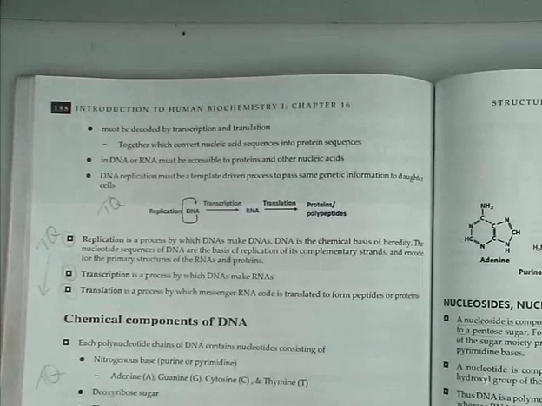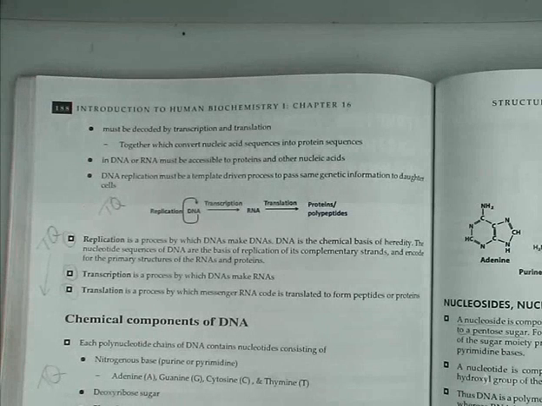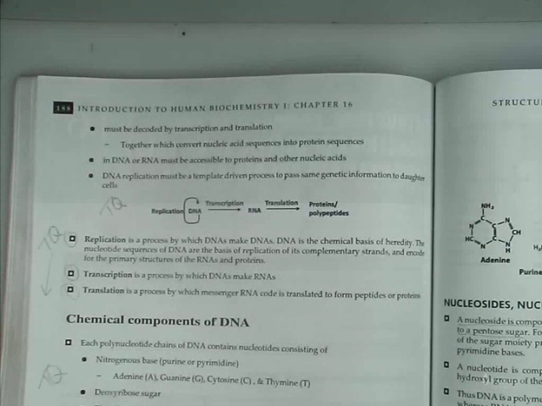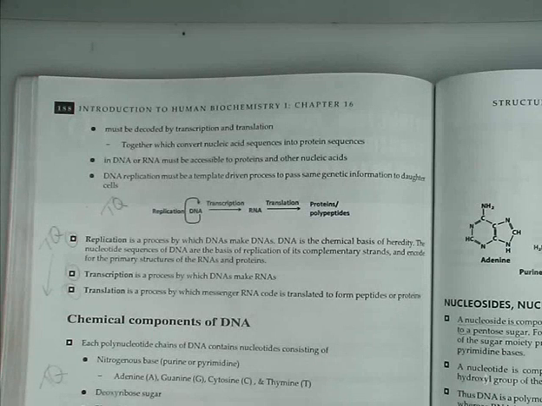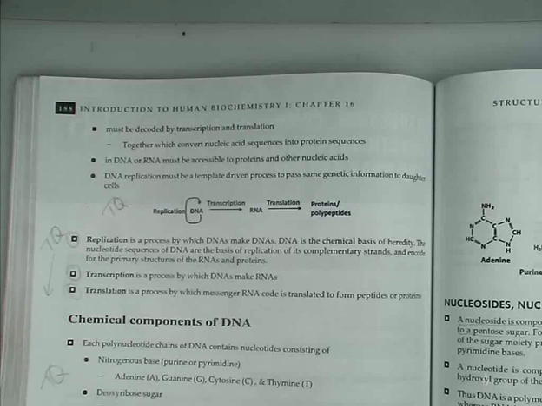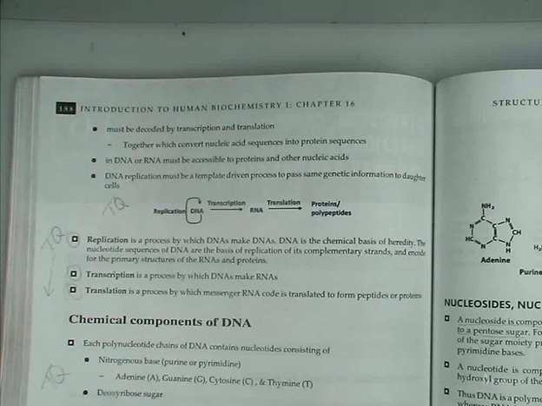Going down here at the bottom, we need to know the differences between transcription and translation. We talked about this in test 1, I believe. Do we still remember that? If not, DNA goes through replication, making another strand of DNA. It replicates itself. So we have transcription, translation, and then transamination. Transamination is way different. Transcription is going from DNA to RNA.